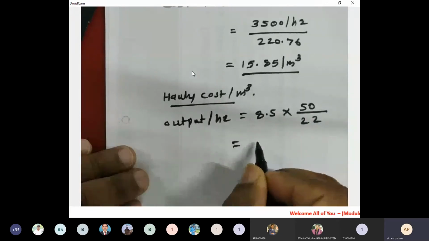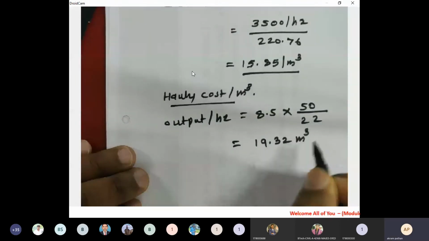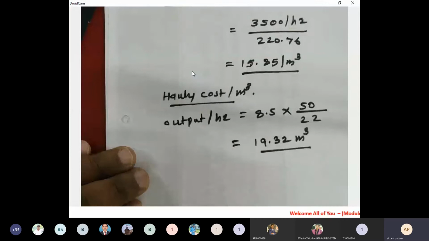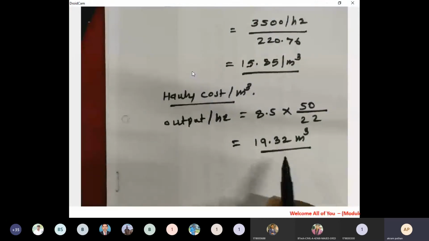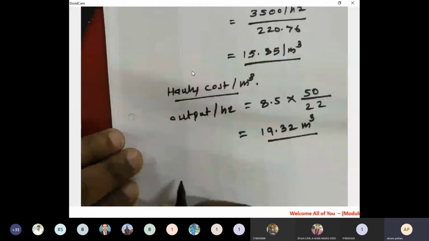So 19.32 meter cube. So output per hour is 19.32.